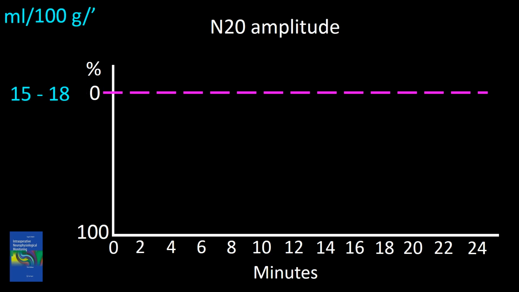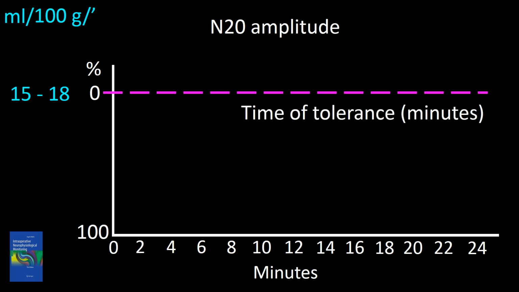Animal studies have shown that when circulation drops to less than 15 to 18 milliliters per 100 grams of brain tissue per minute, the brain hurts. And if it is sustained, permanent brain damage will occur. It has also been determined that when circulation drops to about 15 to 18 milliliters per 100 grams of brain tissue per minute, N20 disappears.